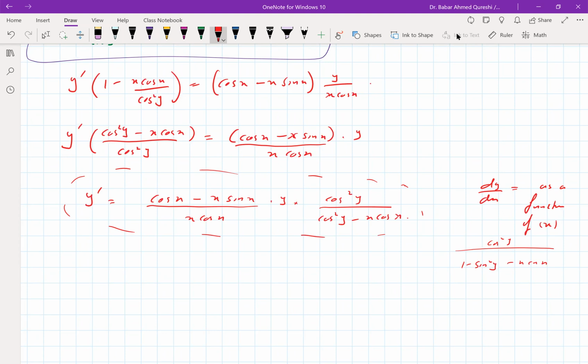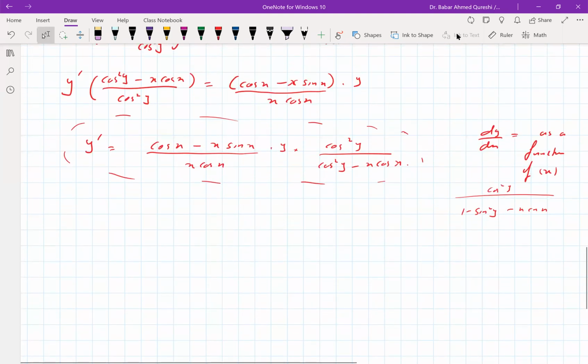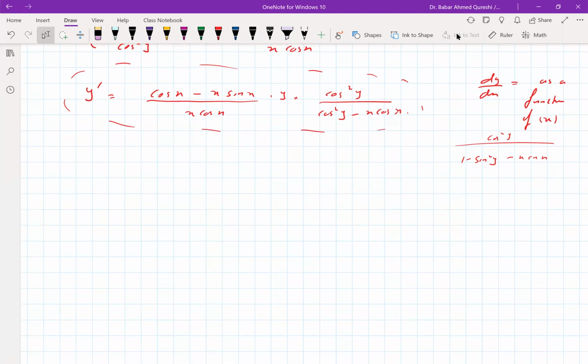Now let's look at this one. Suppose we are given y sine 2x, x cosine 2y as the equation of a curve.